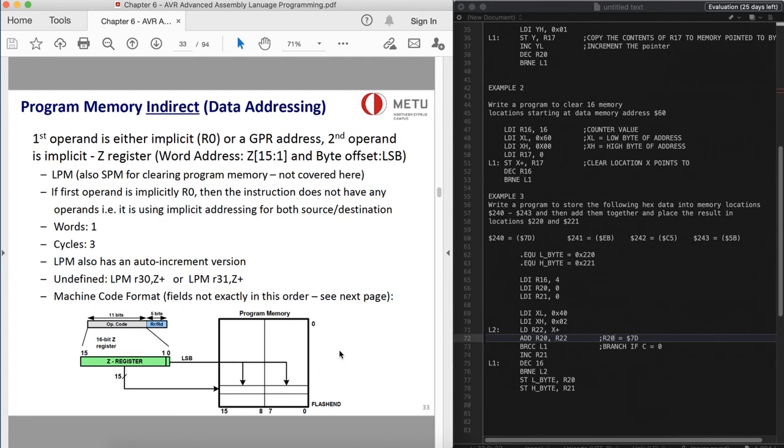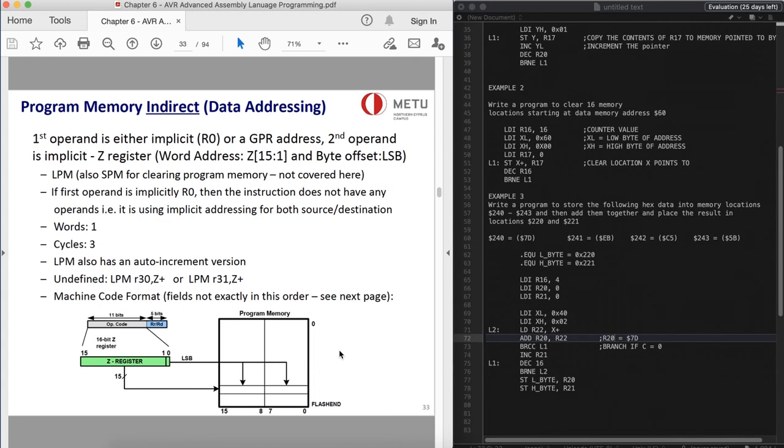We can use either implicit or GPR address for the second operand, and we normally use the Z register for this purpose. If the first operand is implicitly R0, then the instruction does not have any operands, so it is using implicit addressing for both source and destination. This is a one word, 3 cycle instruction.